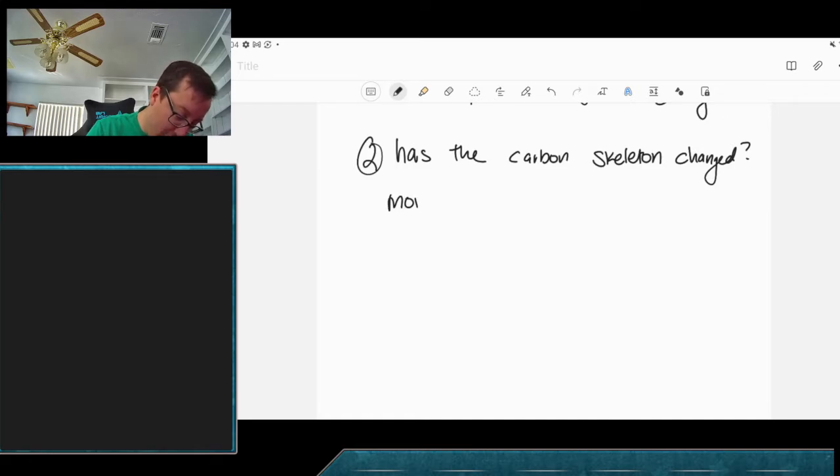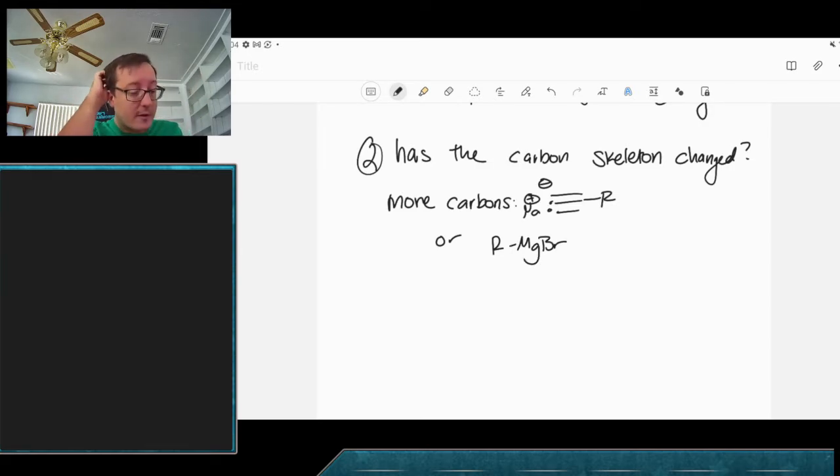If we have more carbons in our product, we have two ways to do that. We added an acetylide or a Grignard.